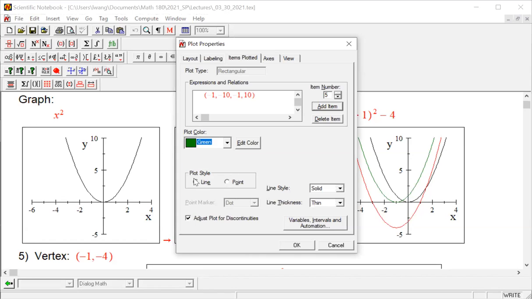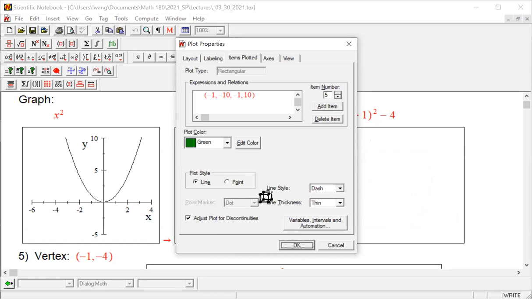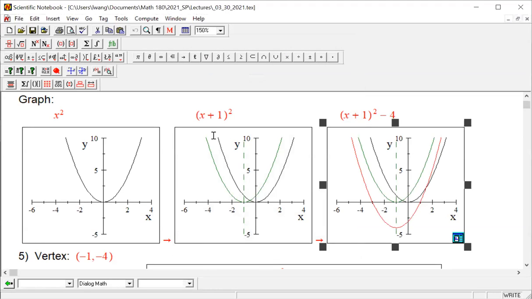Okay, so we keep it there. You can see the line of symmetry is entirely determined by the horizontal shift. The vertical shift does not change the line of symmetry.